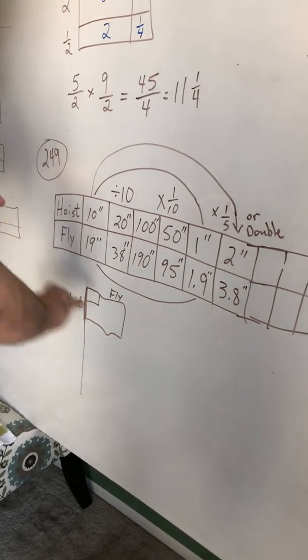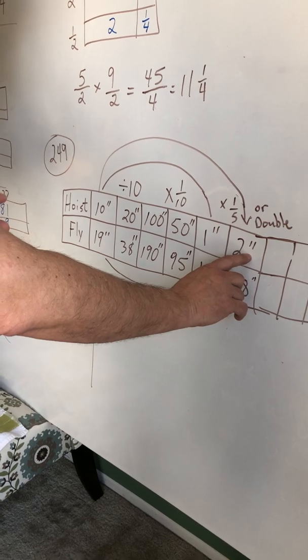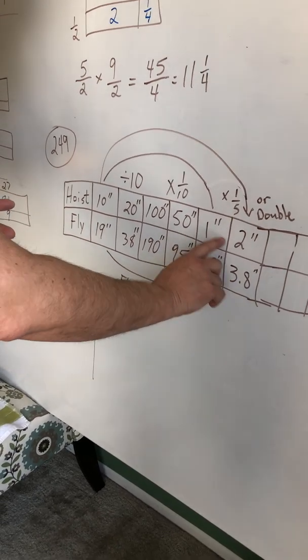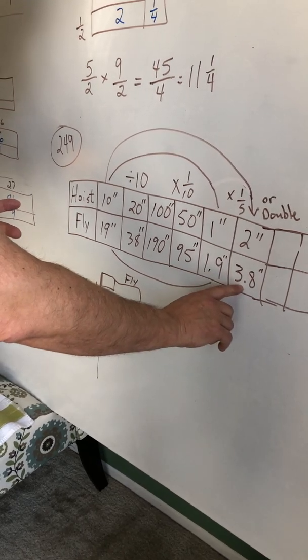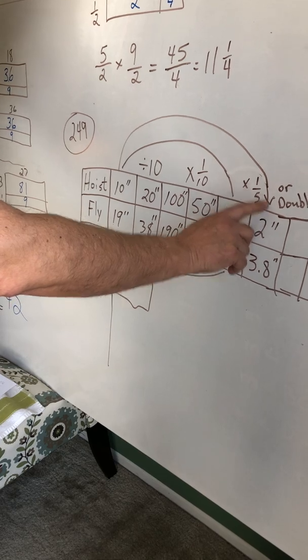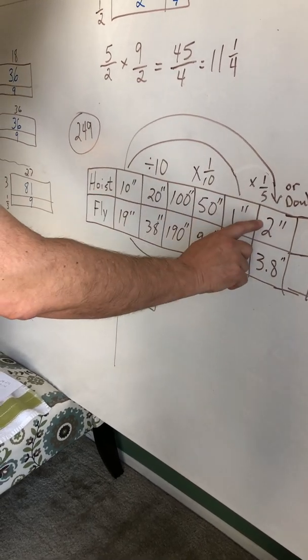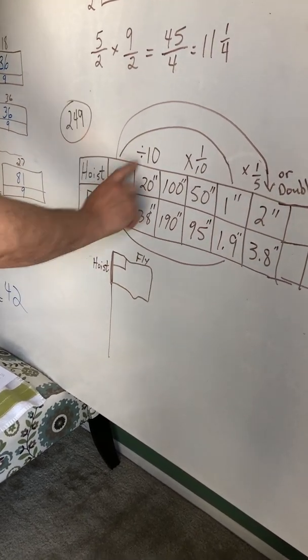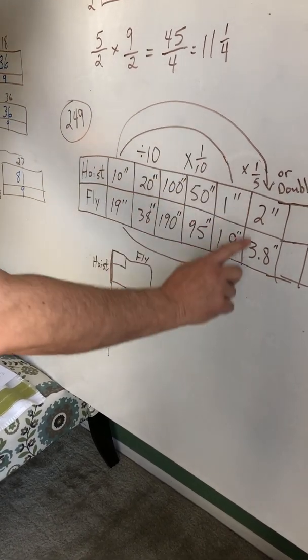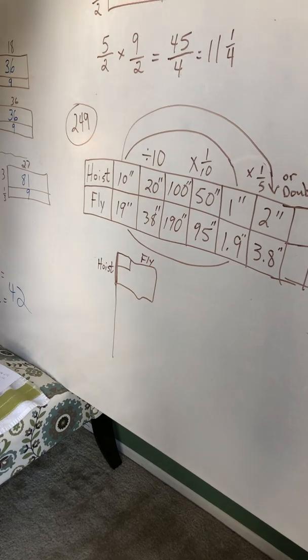Well, what about if the hoist goes to 2 inches? Okay, well, that doubled from this one. If you did this one right, you double it, 3.8. Or if you go all the way back here, this is times 1/5. So 10 times 1/5 is 2. 19 times 1/5 is 3.8, okay?